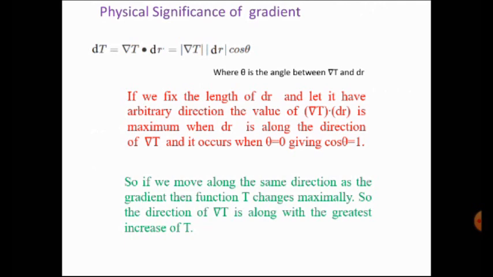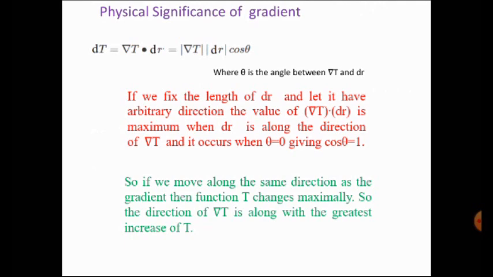Rewriting the dot product in equation number 2, we have dT is equal to del T dot dr, that is equal to modulus of del T into modulus of dr cos theta. We know this relation, where theta is the angle between del T and dr. If we fix the length of dr and let it have arbitrary direction, the value of del T dot dr is maximum when dr is along the direction of del T, and it occurs when theta is equal to 0, giving cos theta is equal to 1.